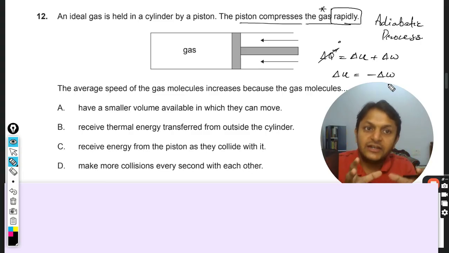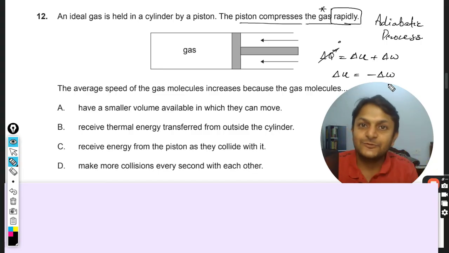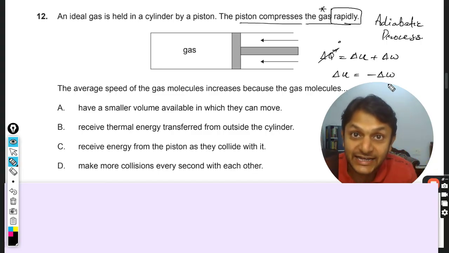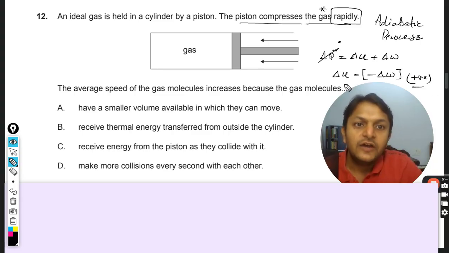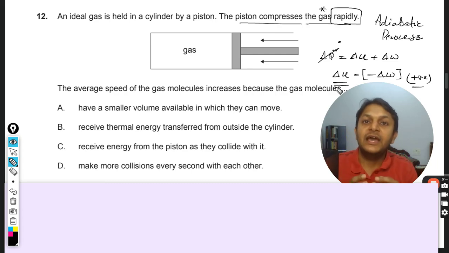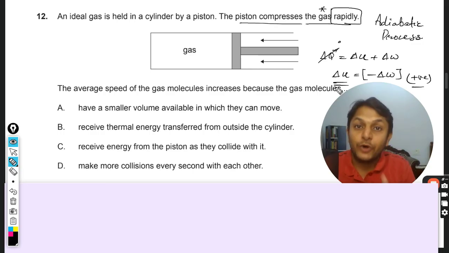Now the work done is on the system. That is why work done is negative. It means overall this expression will give you a positive value, which means that there is going to be an increase in internal energy. So the change in internal energy is positive, meaning that the final internal energy is more than the initial internal energy.